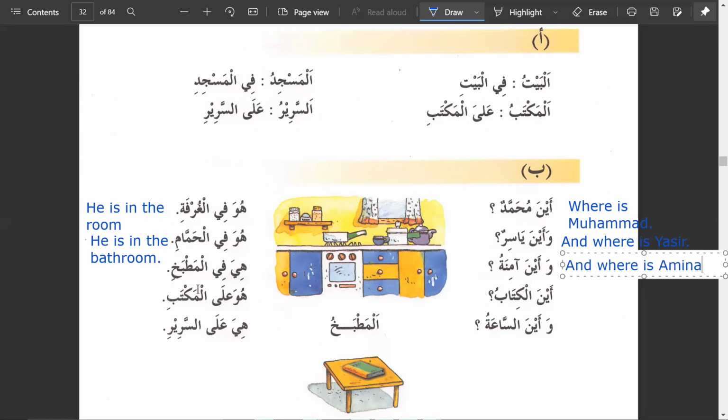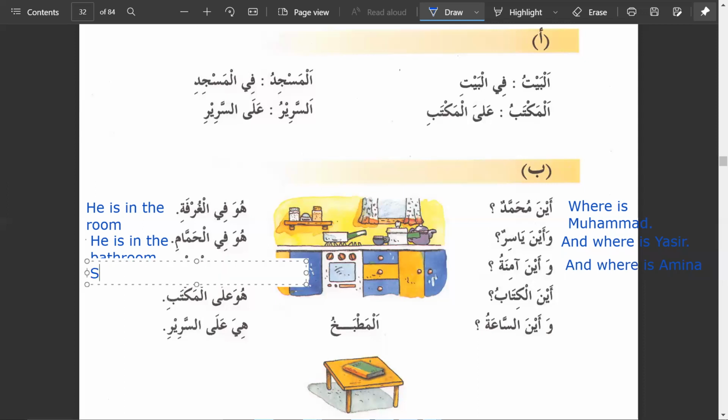Because Amina is a girl. Yeah, so here is what? She is in the kitchen. Yes, excellent. So you yourself figured out that here it is she, right? Alhamdulillah. Uh-oh, it's overwritten now.